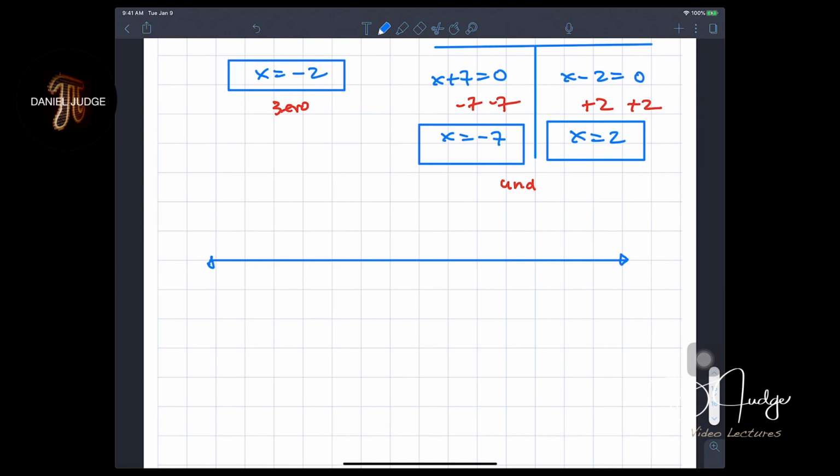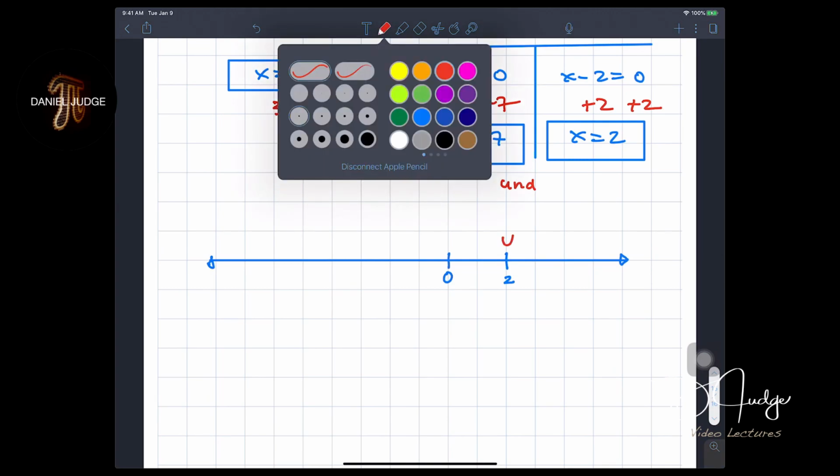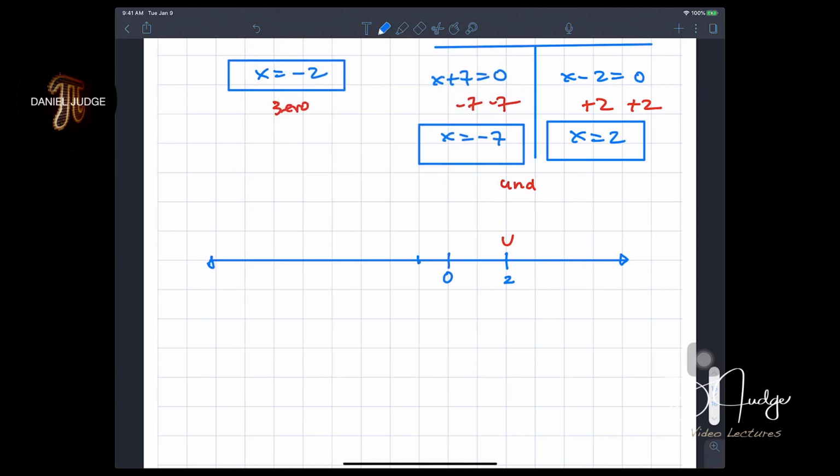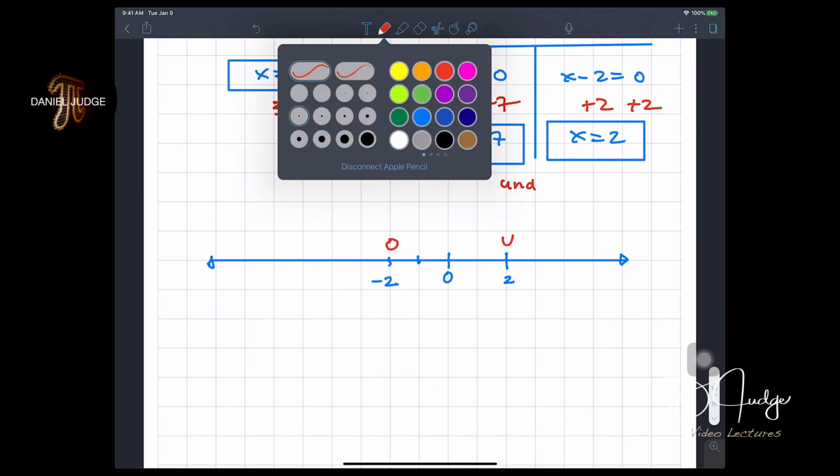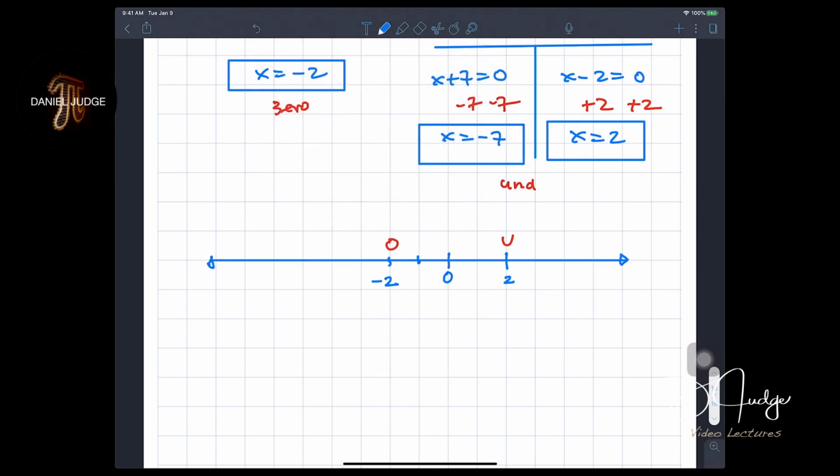If you put 0 right here, here's 2. The fraction is undefined. Here's negative 2. With negative 2, the fraction is 0. Then we got 3, 4, 5, 6, 7. I'll put negative 7. The fraction here when x is negative 7 is undefined.